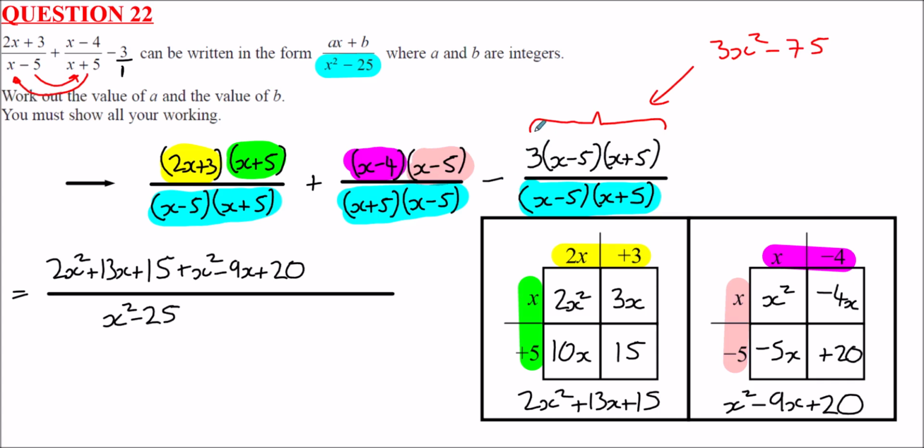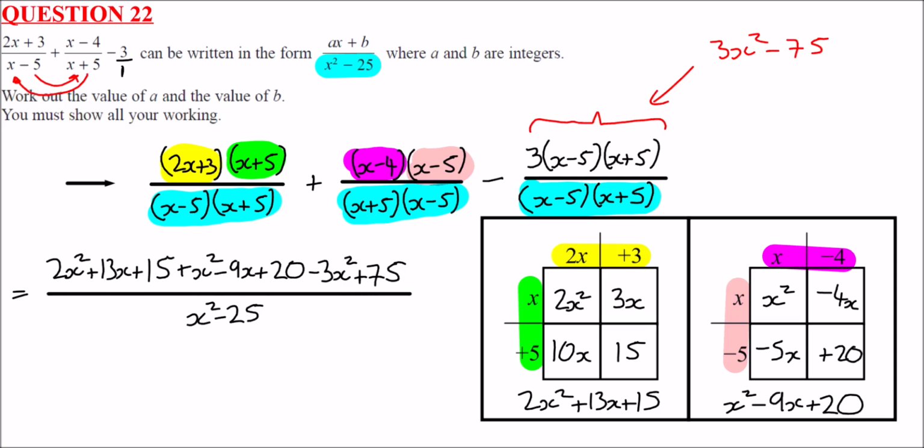So we're minusing away on the top 3x squared minus 75. So subtracting 3x squared, of course, is just minus 3x squared. And now be very careful, we're now subtracting minus 75. Minus makes plus, so we're going to add 75 on. All of that over x squared minus 25.